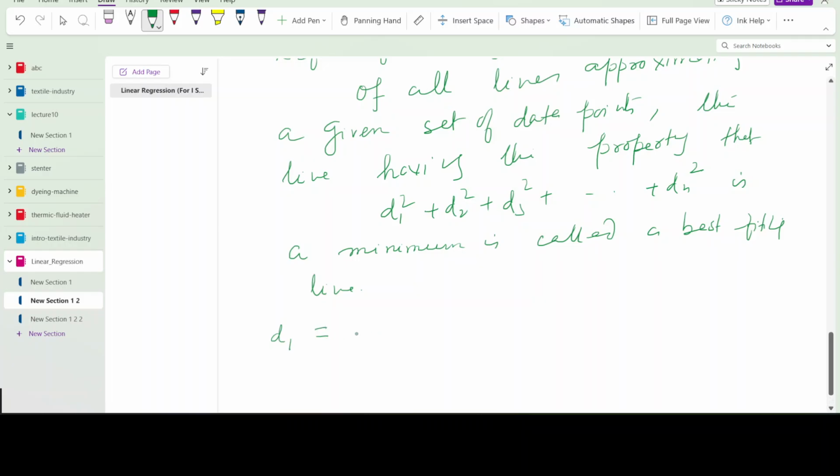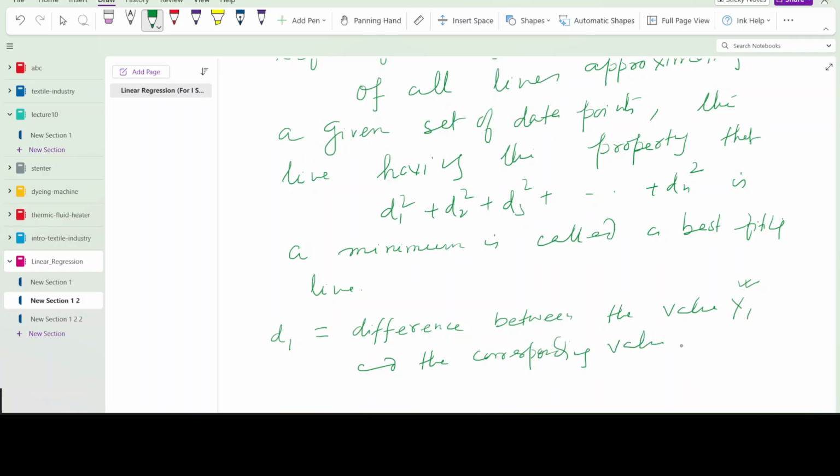What is d1? It is, as we have seen, the difference between the value y1, that is from observation, and the corresponding value as determined from the line.